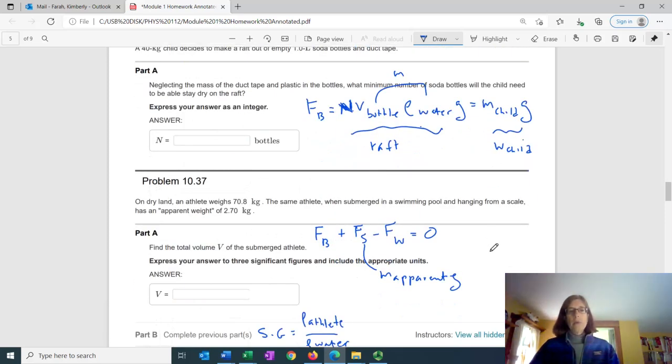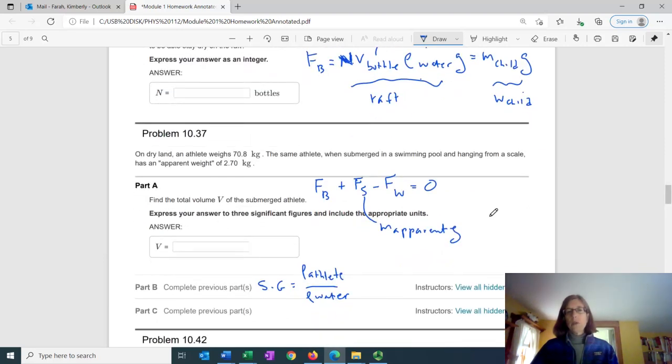All right, so the next problem says you've got an athlete on dry land, weighs 78 kilograms. When they're submerged in a swimming pool, hanging from a scale, they've got an apparent weight of 2.7 kilograms. So again, you can figure out the total volume displaced here, recalling that the buoyant force plus the apparent mass times G minus the weight of the swimmer, all has to add up to equal 0.